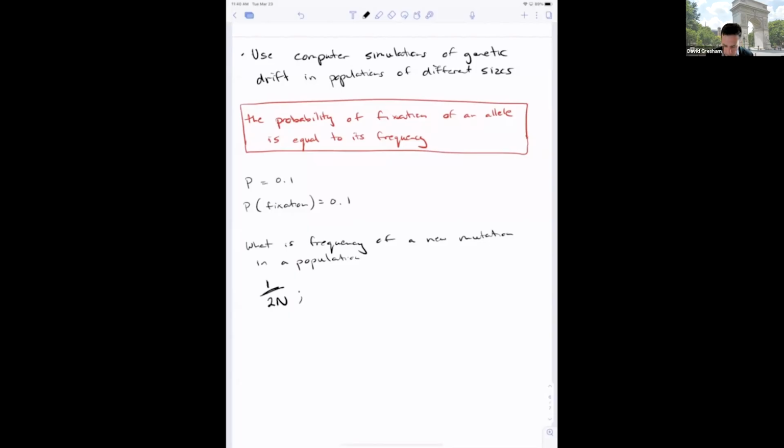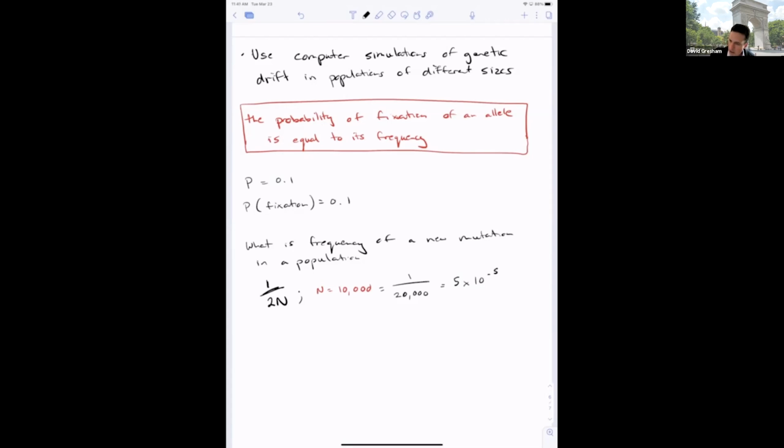So if N equals 10,000, our frequency is 1 in 20,000, which is equal to 5 times 10 to the negative 5, which is the probability of a new allele ever going to fixation. So it's a very low probability, but it is non-zero.